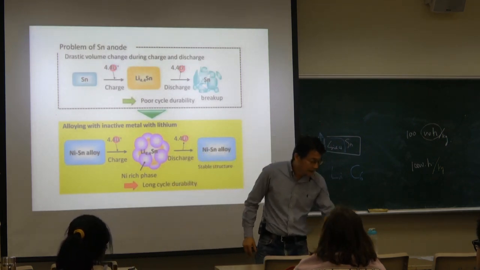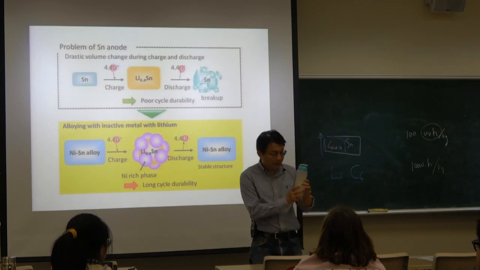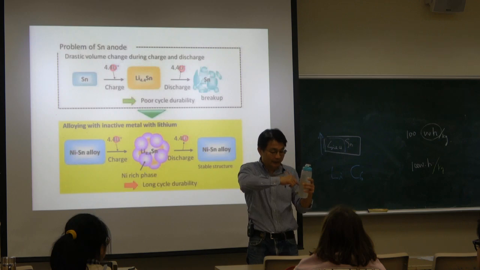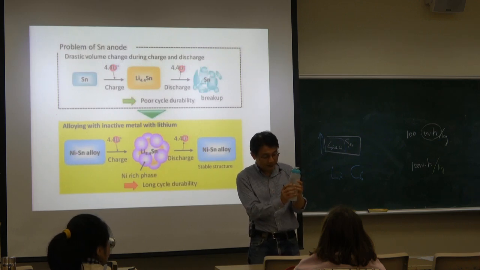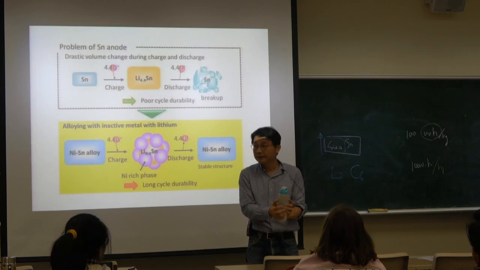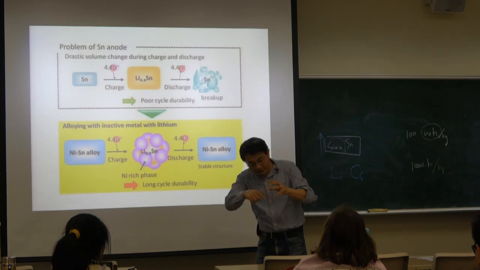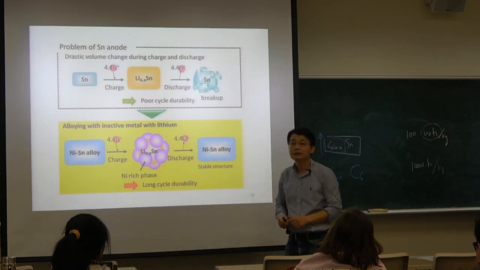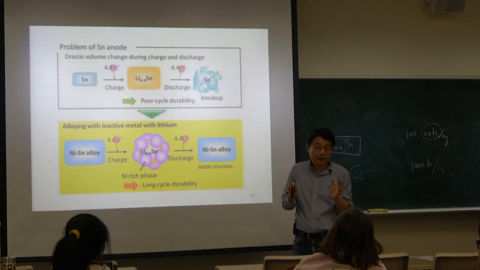For example, this is one piece of tin, and the lithium moves in and out, in and out. Finally it will expand, the mechanical strength becomes very poor, and it finally breaks because of continued charge and discharge. So this is the mechanical property.